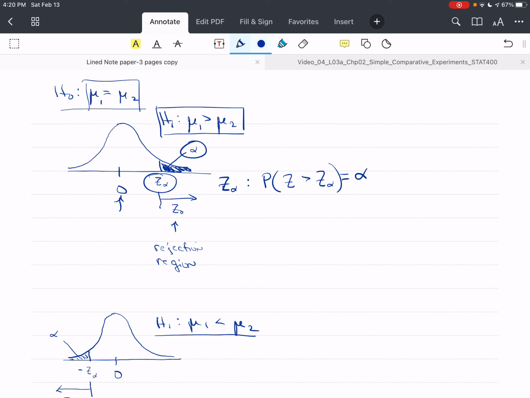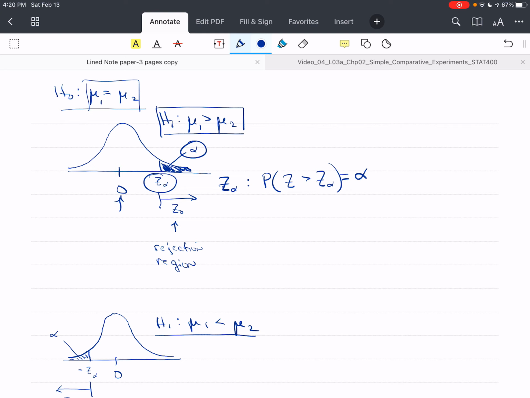When the probability that we get this z naught under the null hypothesis is very small, we want to reject the null hypothesis. So when the difference between the sample means is way too big, then we want to reject. And in this case, we're saying that y1 bar would be much larger than y2 bar, so we'd have a positive z naught.